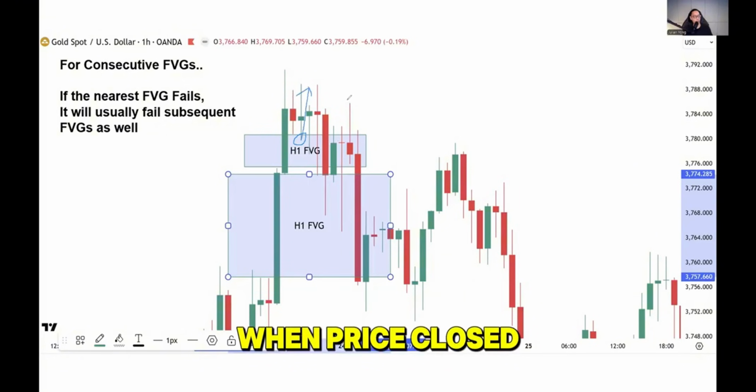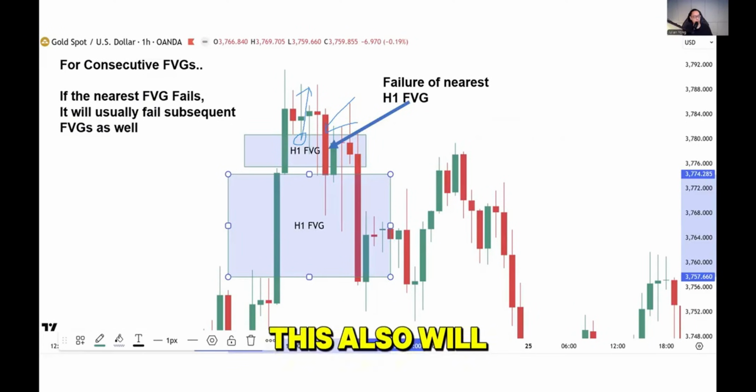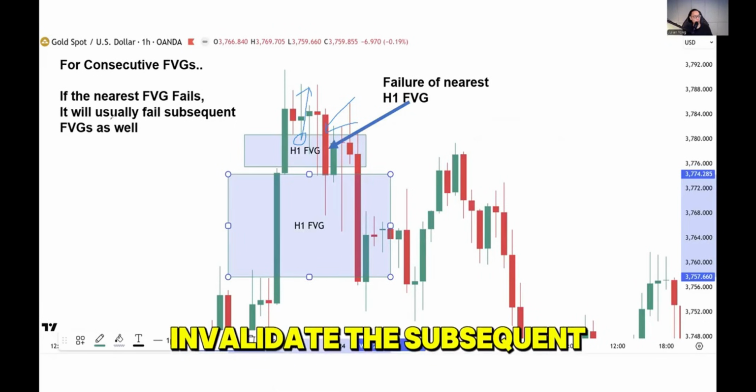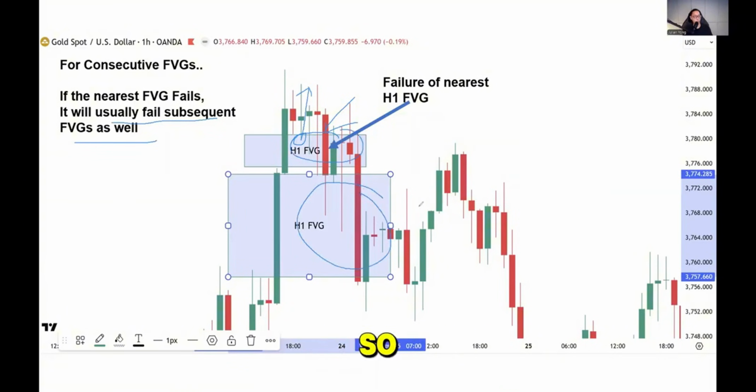However, when price closed inside the fair value gap, like here, you can see this actually failed the fair value gap. It closed below it, and therefore this also will invalidate the subsequent fair value gaps as well. So when the first one fails, the second one will fail as well. So that's the reason why we only want to take the top one or the latest one.